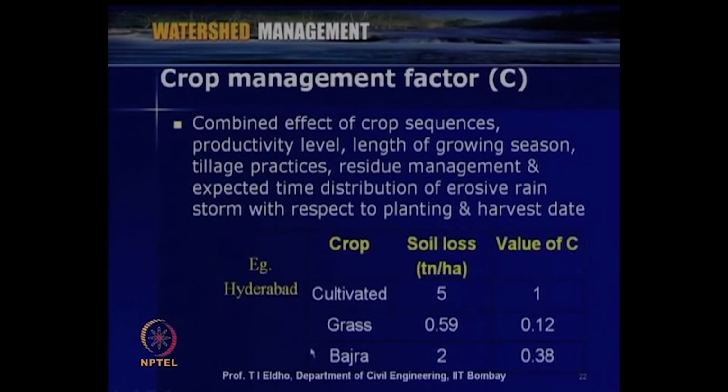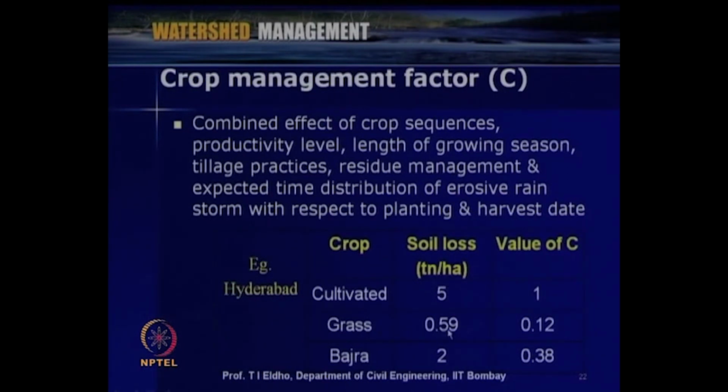So, this depends upon the locality. Say for example, various textbooks give this crop management factor, which depends upon the locality and the type of crop. For example, in the Hyderabad region, for the cultivated crop the soil loss can be 5-10 per hectare, and the value of C is 1.